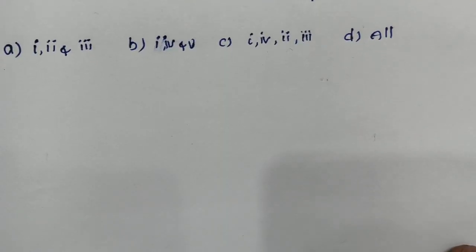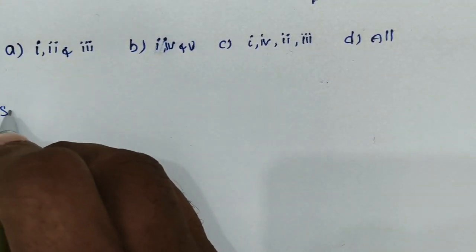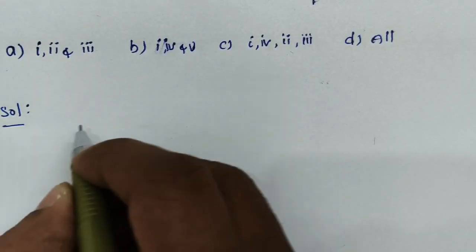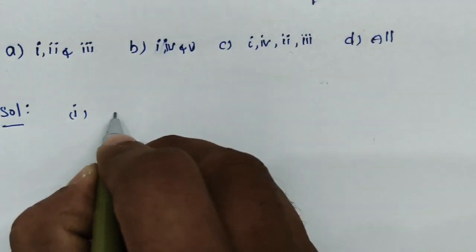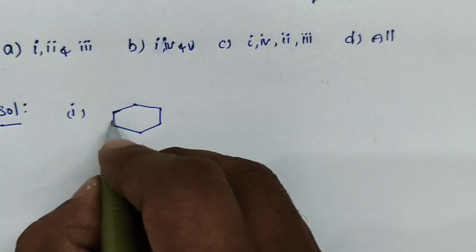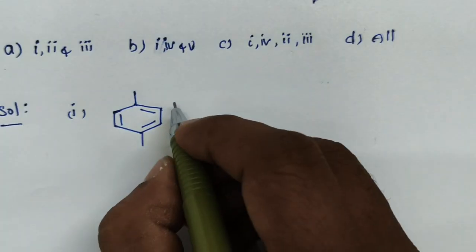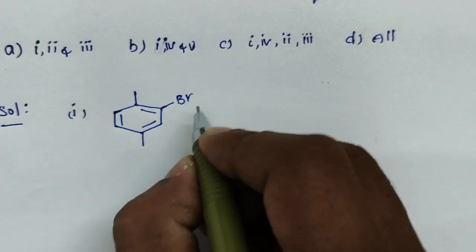So how to solve this one? The first one is the first option. In the above sequence of reactions, we have a compound with two CH3 groups and one bromine.